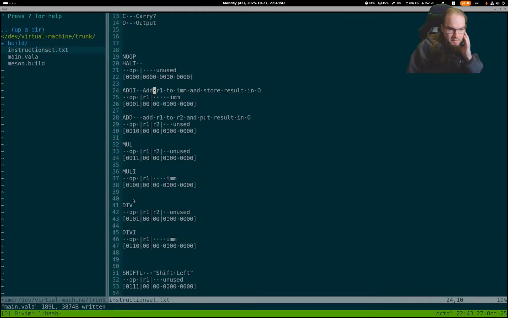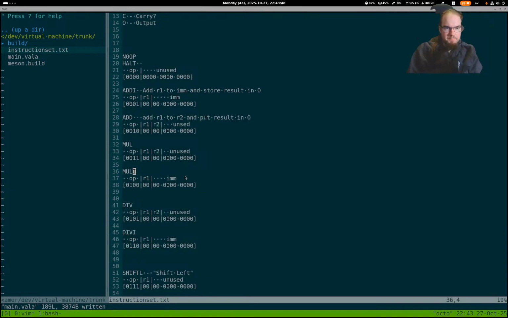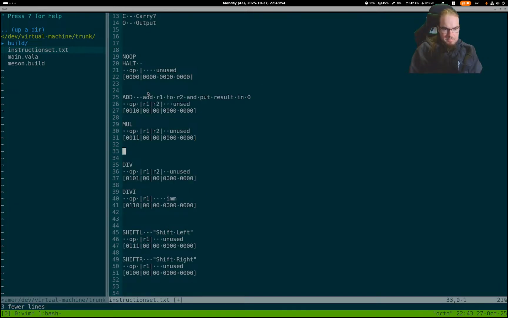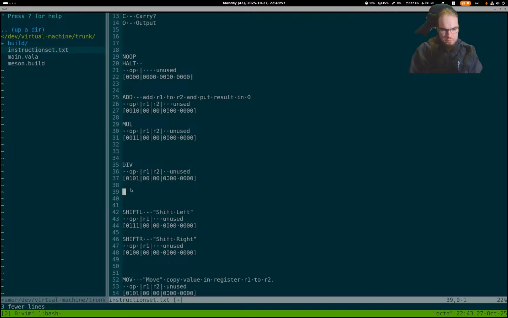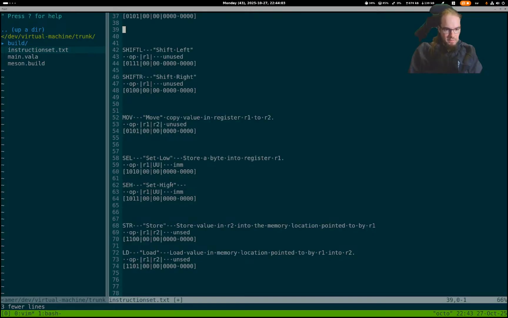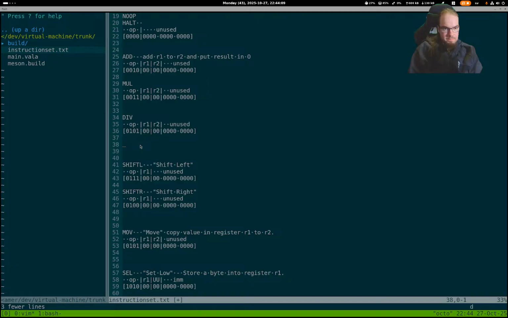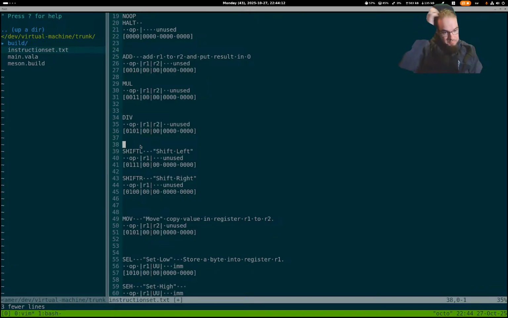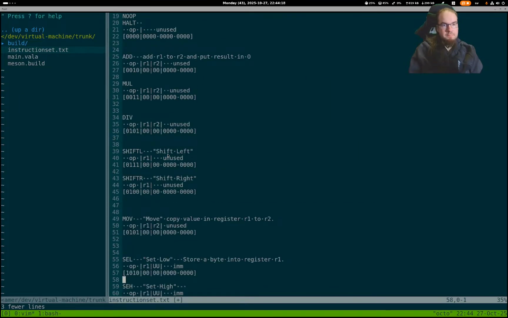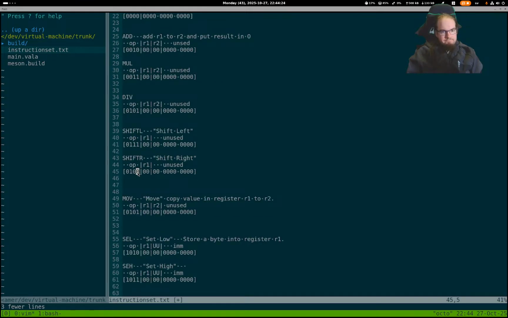There we go. Now we can remove the immediate ones. I don't like those. I don't really see a use for them. We just have to load values into registers and then act upon them. Shift left and shift right have to exist because we are shifting stuff. So yeah.